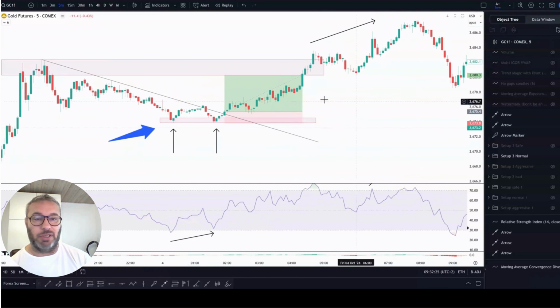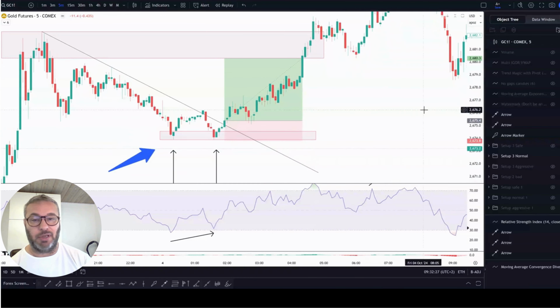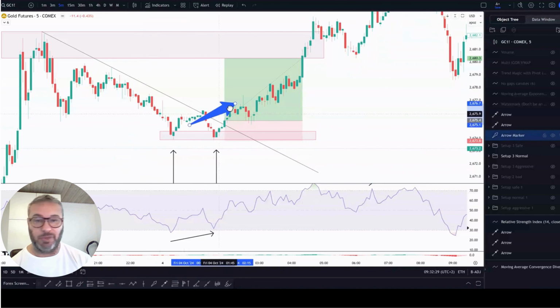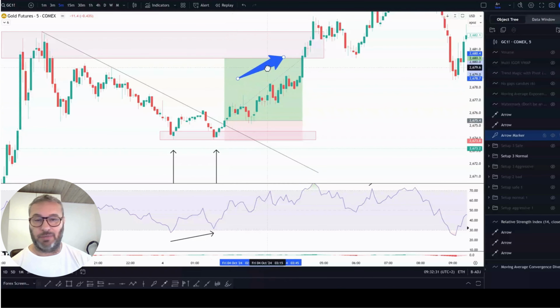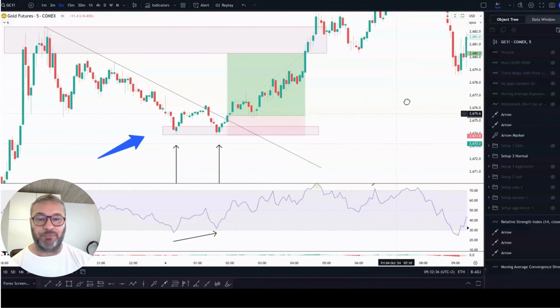But again, you can see here the price continued up, but I'm more than happy with my profit here. And after it takes my target, I don't care about it anymore.